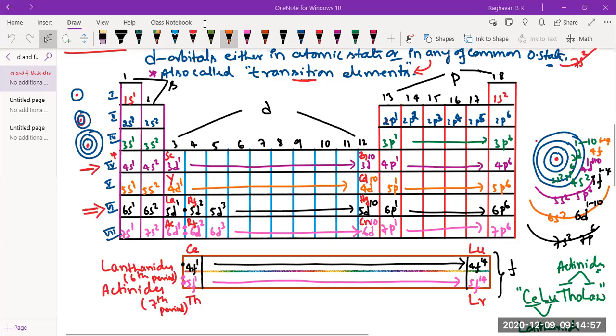Excuse me, sir. Tell me. Sir, now after 6s, 4f should be filled, no, sir, according to Aufbau? See, these kind of anomalies are often seen in the entire periodic table, especially when you go to F block elements. There are a lot of exceptions. I remember about 3 plus 6, totally 9 elements have exceptional electronic configuration. Similarly, some elements like palladium don't have a valence s orbital at all. All the electrons are present in D. Like copper will have one electron shifted to D. The same kind of thing.